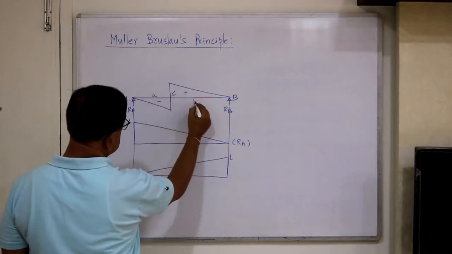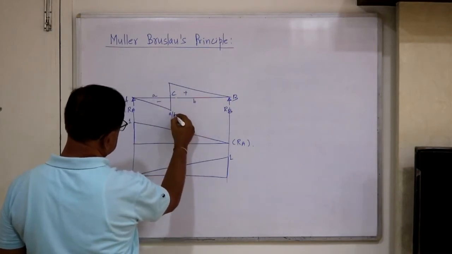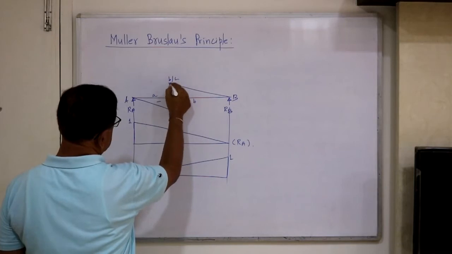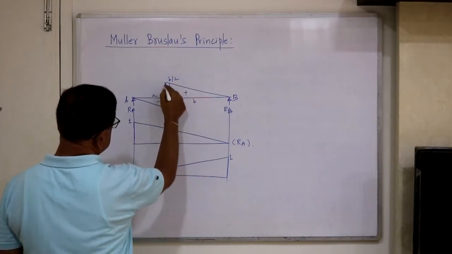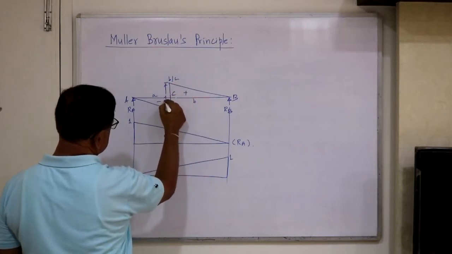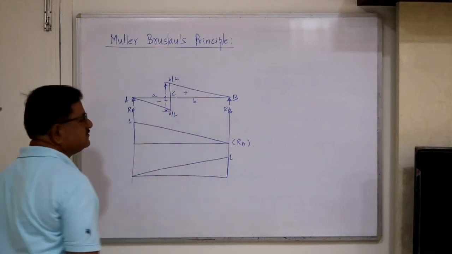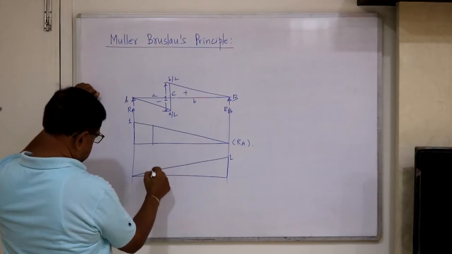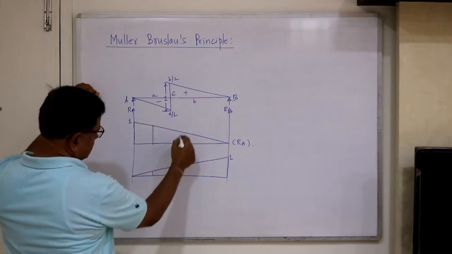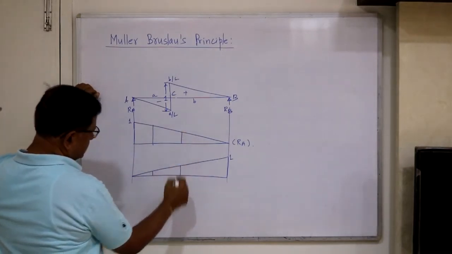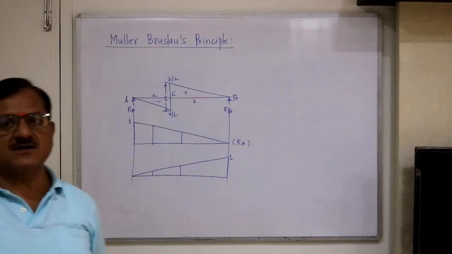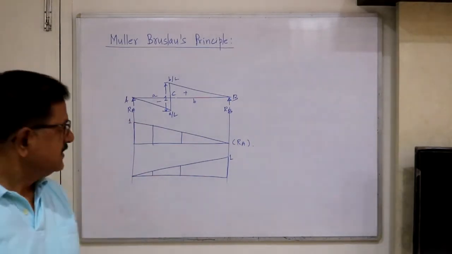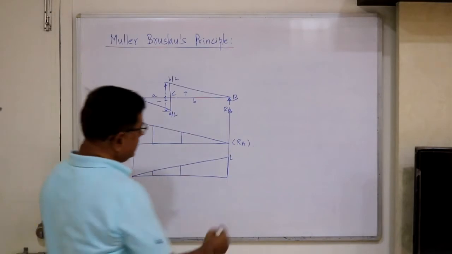If this is A, this is B, these are a by L and b by L. But unit displacement means the total displacement is 1. In this case, this ordinate plus this ordinate is always 1. It means it is the combination of the ILD of RA and RB.